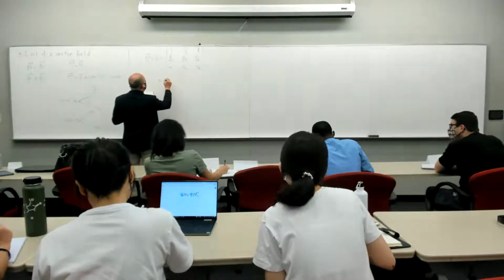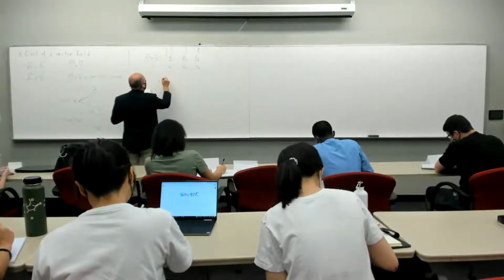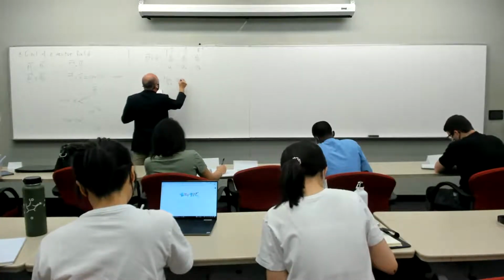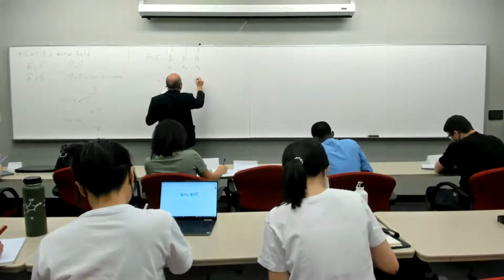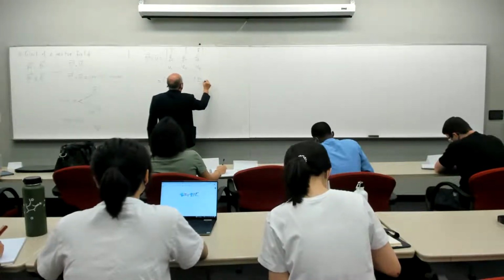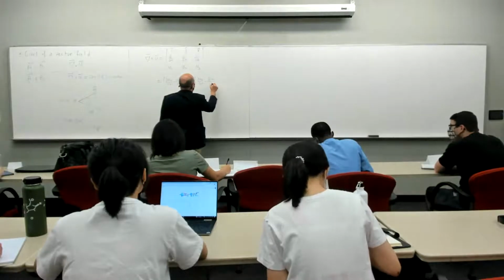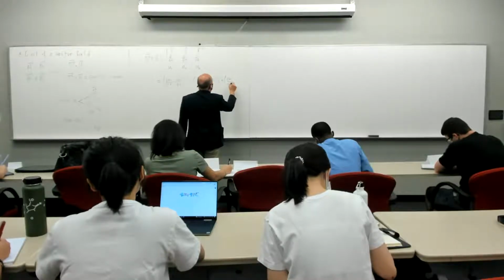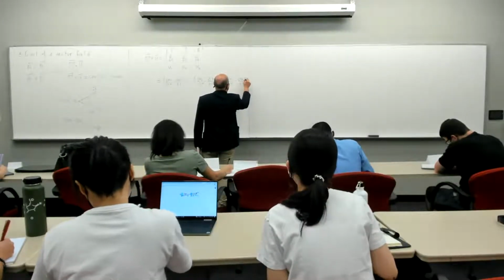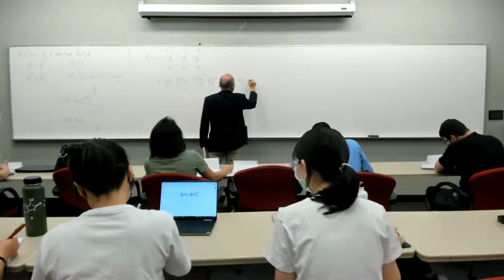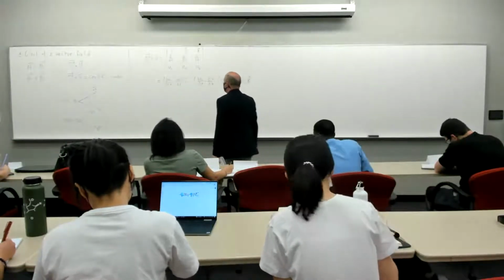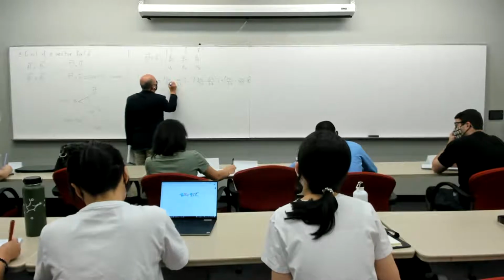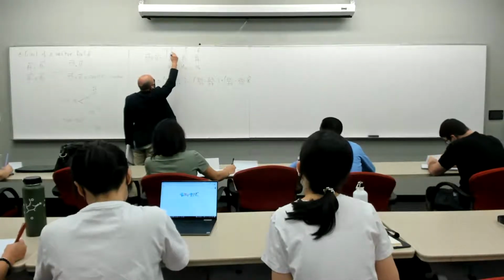So what you get is the same thing you do for the i. You have du2 by dx minus du1 by dy for i, minus du3 by dx minus du1 by dz for j, plus du2 by dx minus du1 by dy for k.